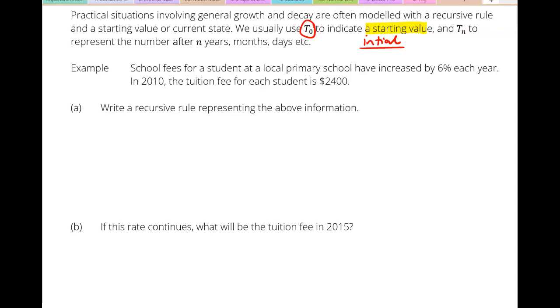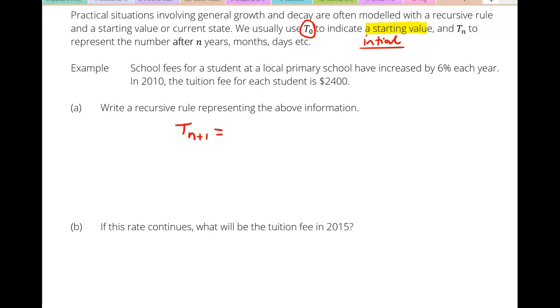So for example, if we look at this one, we're talking about school fees. The school fees have increased by 6% each year. In 2010, 2,400 was the school fee. So Tn plus 1, how would we represent a 6% increase?